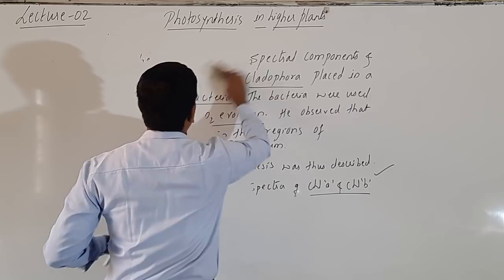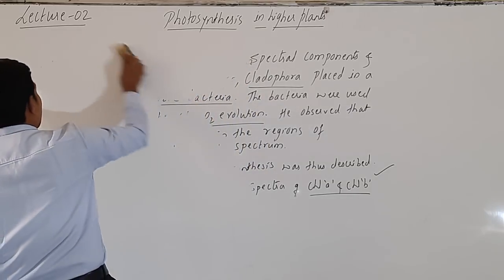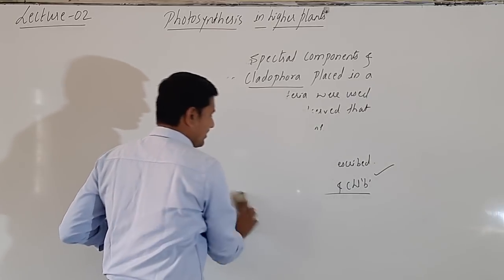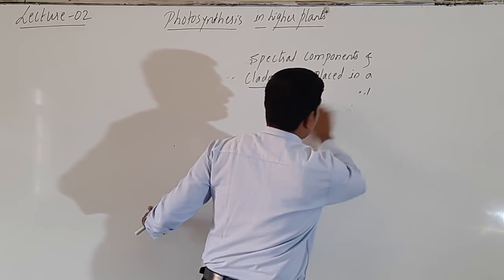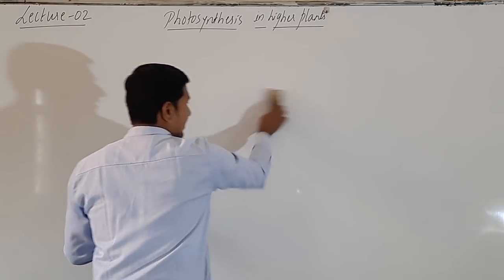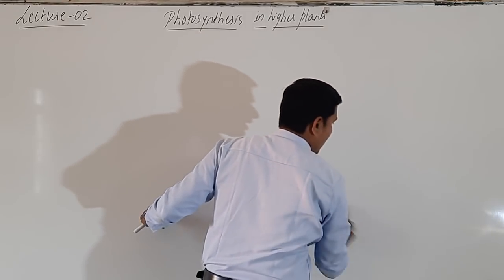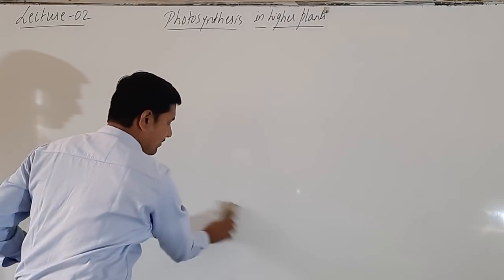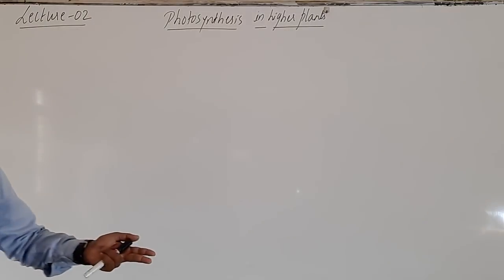Then the last experiment that we are going to study now is regarding the Cornelius van Niel experiment, where he studied an experiment on sulfur bacteria. Okay, so the next experiment is regarding Cornelius van Niel.